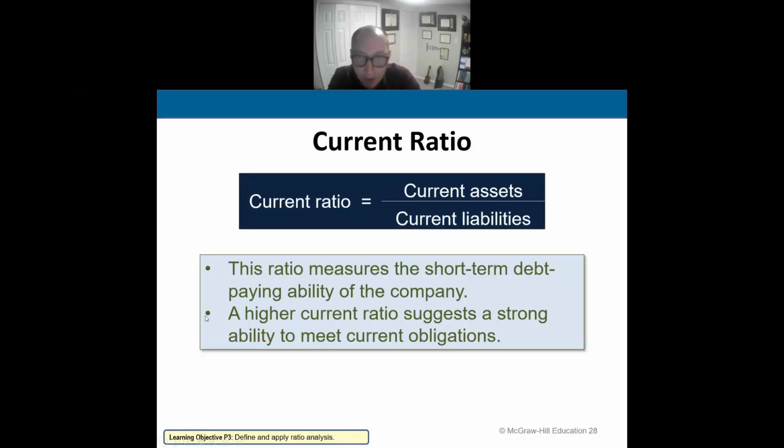The current ratio, like I was telling you earlier, tells the company's ability to pay its current debts. We take current assets divided by current liabilities. Of course, the higher the ratio, in this case, the better.